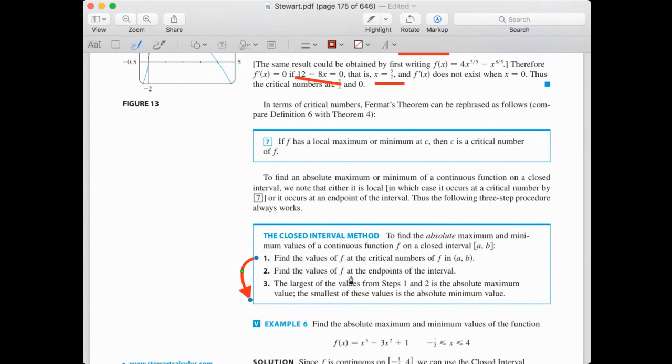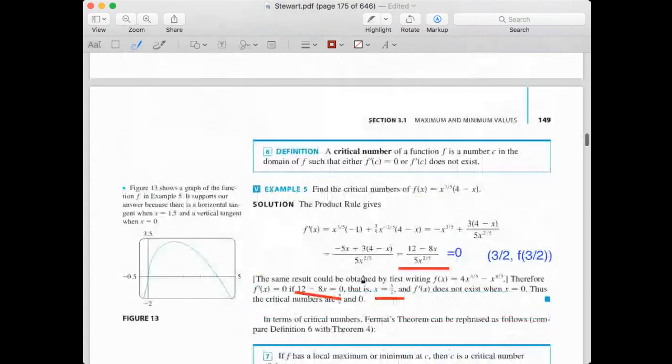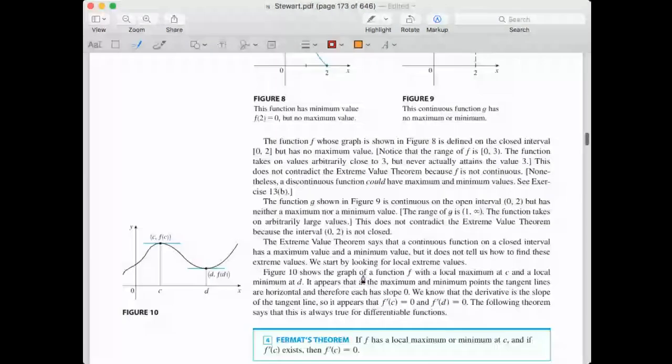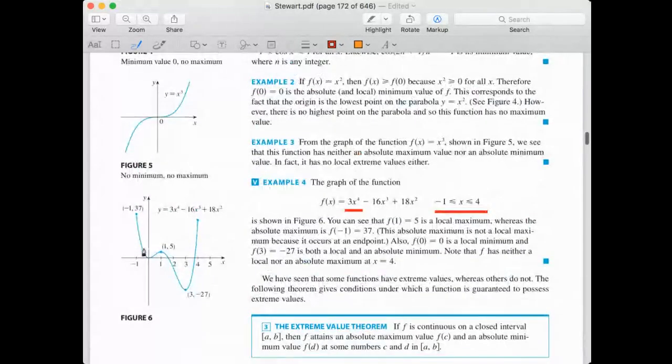Then find the values of f at endpoints. Remember this picture? If we solve for this, we will get 3 critical points. And then we evaluate the function value at these 3 points.